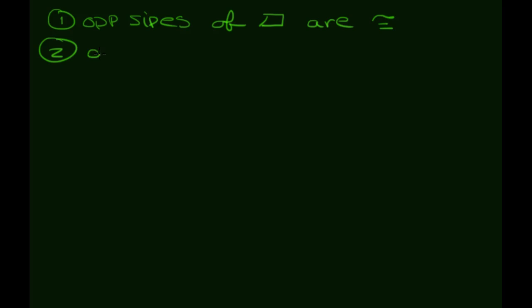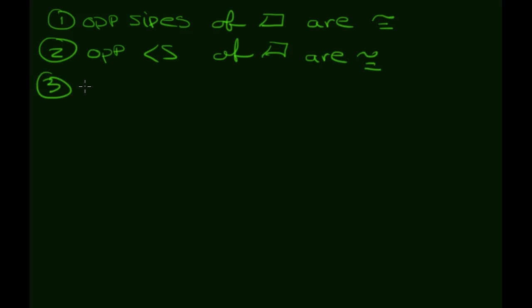So I've got a couple of things that I've said right off the bat. The opposite sides of a parallelogram are congruent. And without any additional proof, I got that the opposite angles of a parallelogram are in fact congruent.